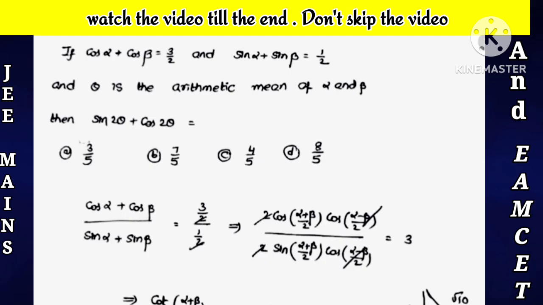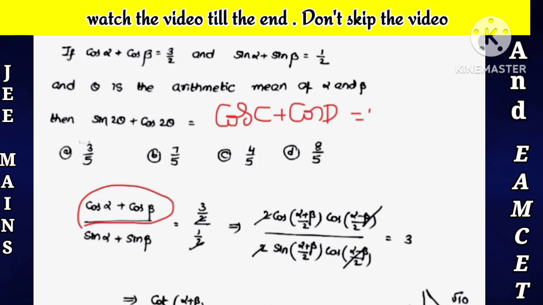Now what is this cos alpha plus cos beta? That is in the form of cos C plus cos D. Now to this one I am applying the cos C plus cos D formula. What is the cos C plus cos D formula? 2 cos (C plus D) by 2 into cos (C minus D) by 2.